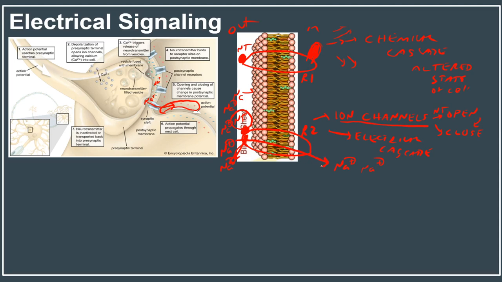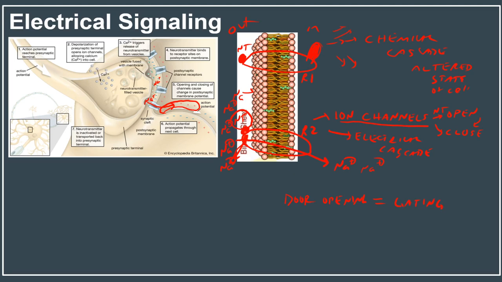But the opening of the door allows the sodium to fly in. The door opening is called, appropriately enough, gating, because these are like gates that you're swinging open and closed.